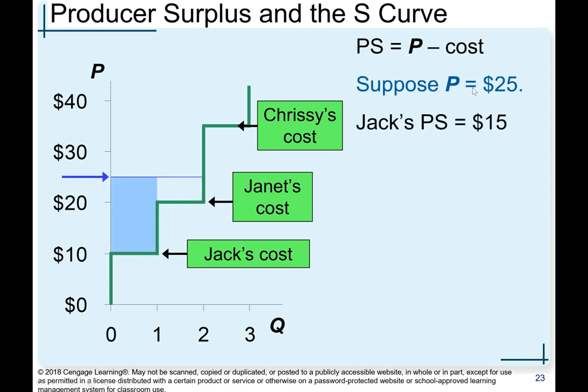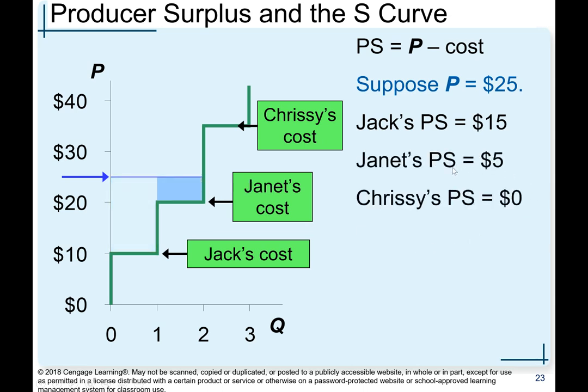Suppose the price is $25. Jack's producer surplus is 15, Janet's producer surplus is $5 and Chrissy's producer surplus is 0. Chrissy is not going to accept this contract.